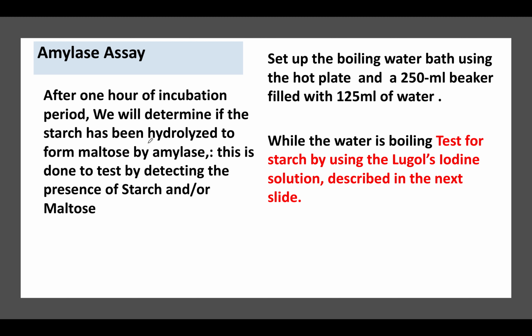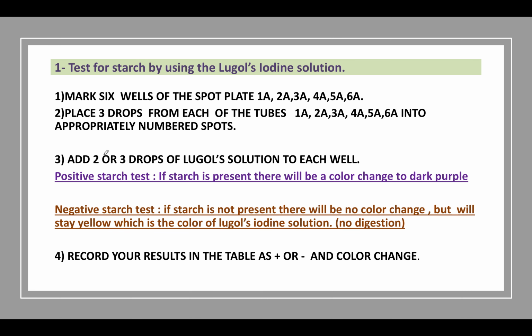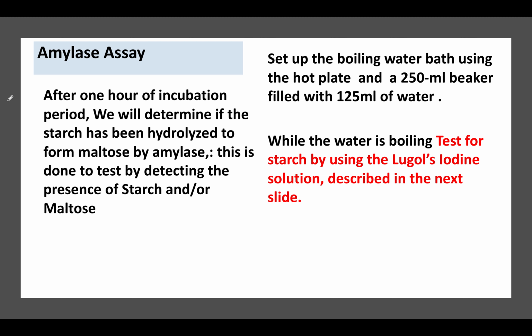If they are hydrolyzed, it means that the starch has been converted into maltose, or partially converted. And how are we going to do it? We're going to detect the presence of starch, or the presence of maltose, or the presence of both if there is partial digestion.